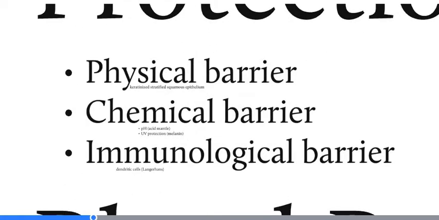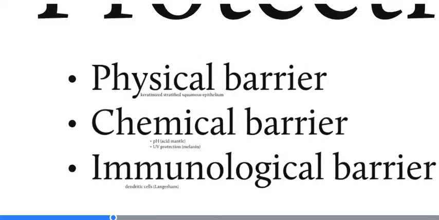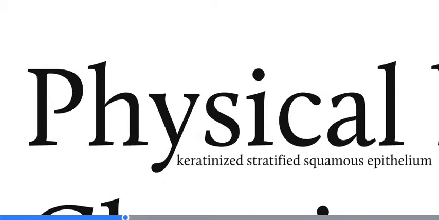The protective features of the skin really fall into three different groups. There's a physical aspect of it being a barrier, a chemical aspect, and an immunological aspect. All of these aspects of the skin as a barrier can be attributed to the particular tissue that makes it up. But the physical barrier is really because it is a stratified squamous epithelium.